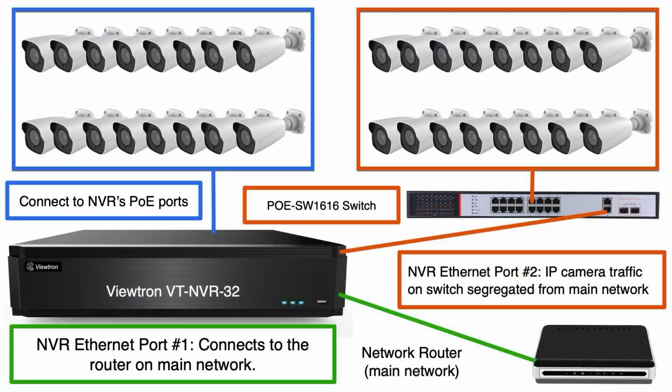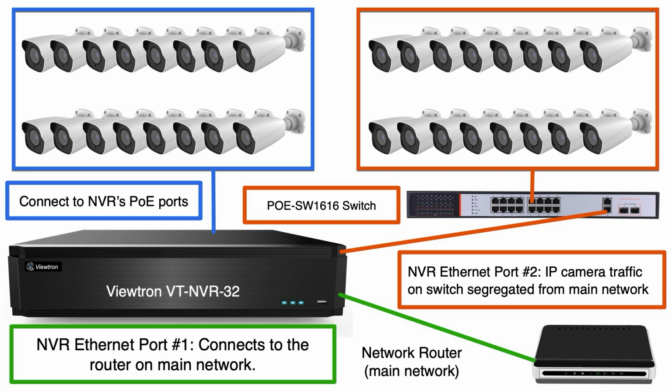So, for example, our 32 channel and our 64 channel Viewtron IP camera NVRs have two NIC ports, two network Ethernet ports. So, in addition to the power over Ethernet connections on the 32 channel, for example, you could also connect an external PoE switch to one of the network interface cards on the 32 channel NVR, and that IP traffic is still segregated even though the IP cameras are not connected to the PoE ports on the NVR.